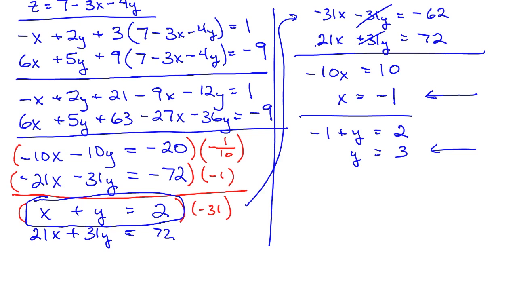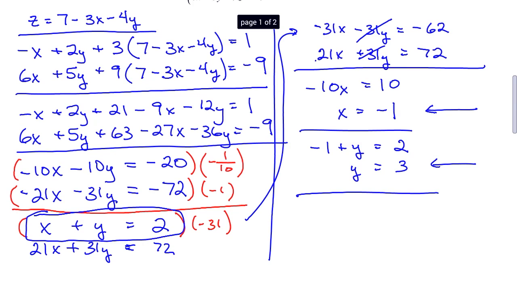Some students feel like you have to go back to the original equations to do things. No, you do not. All of the equations are consistent, so they're all good. Use any of them. So there's y equals 3. And now, the one equation that we have left that is perfect for finding the z variable is the original substitution equation.